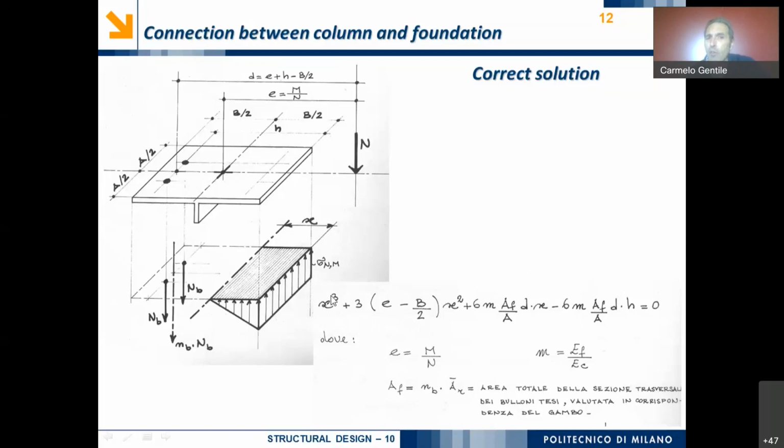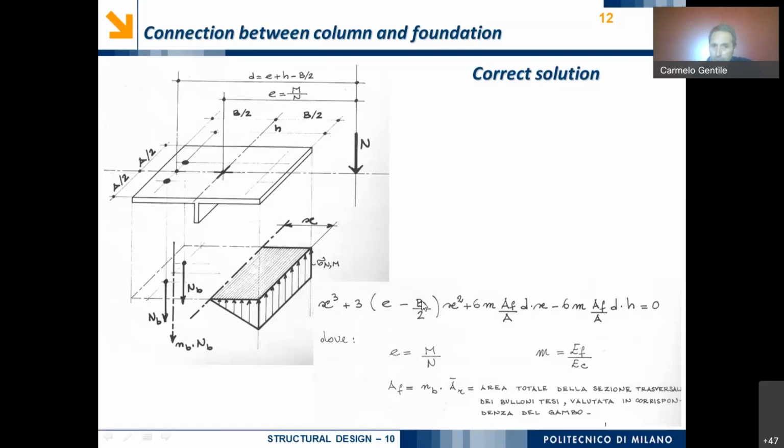We have x cubed, where x is this distance, the distance of the neutral axis from the border of the plate, plus a term equal to 3 times (E minus capital B over 2) times x squared. x is again this distance. E is the eccentricity, so the ratio between the bending moment and the axial force.